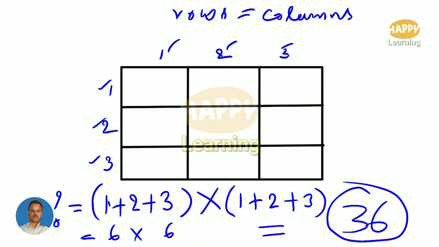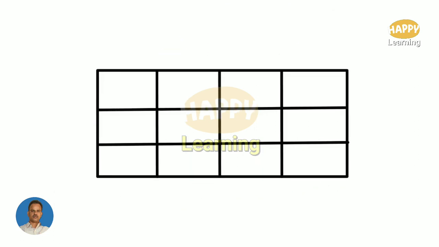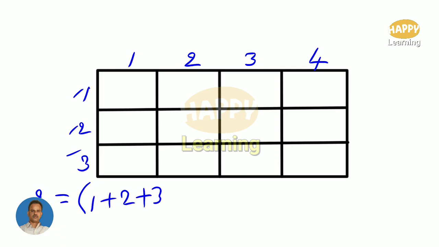Okay, right. Next. This is another example. Let me give numbers. This is first column, second column, third column, fourth column, and this is first row, second row, third row. So the total number of rectangles is given by, for the rows 1, 2, 3, so 1 plus 2 plus 3, into, for the columns 1, 2, 3, 4, 1 plus 2 plus 3 plus 4.